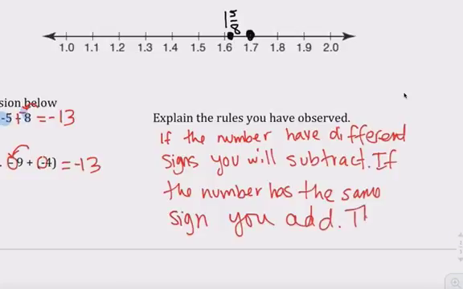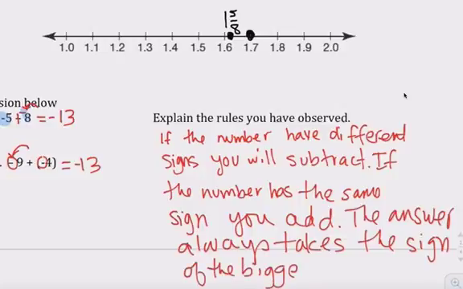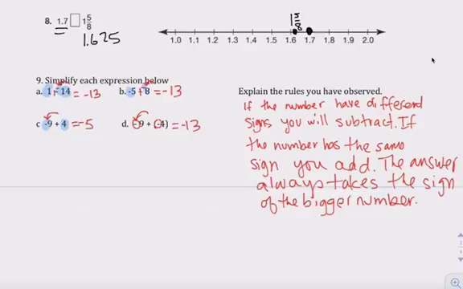The answer always takes the sign of the bigger number. Okay, that's it. I want to see that explanation on your quiz tomorrow.